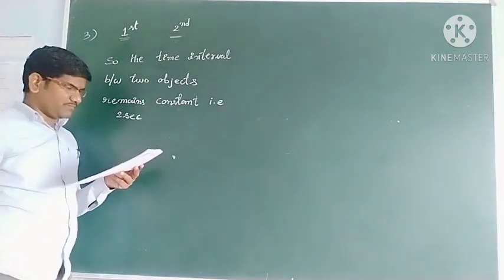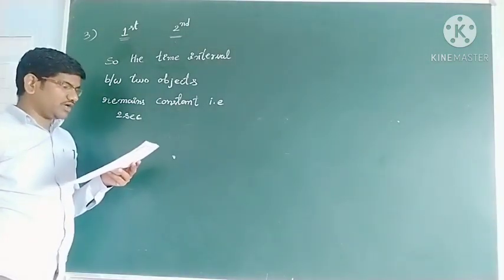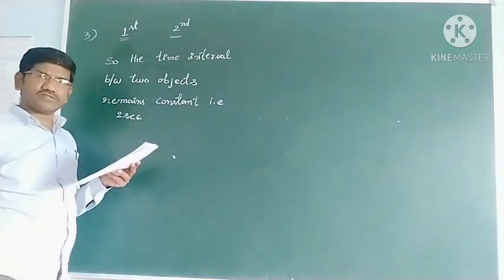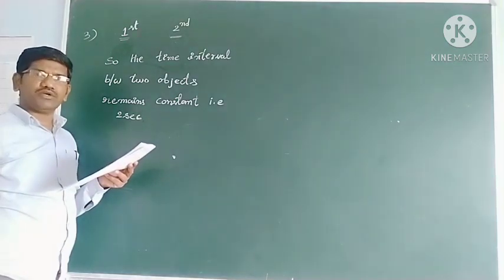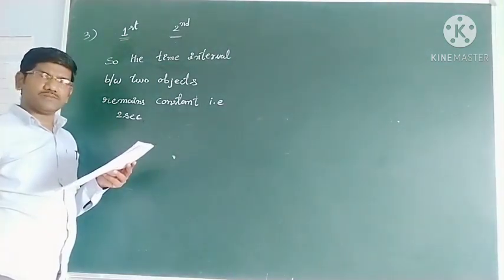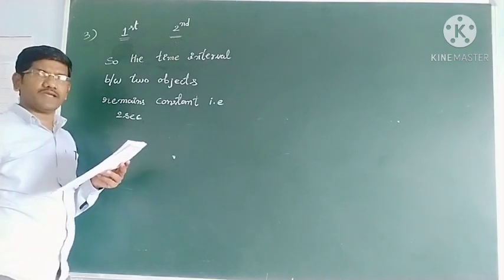Okay students, then they are asking the relative velocity of the first body with respect to the second body. Find the relative velocity of the first body with respect to the second body.